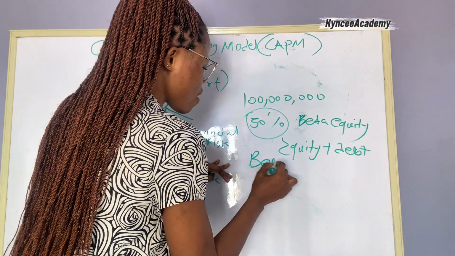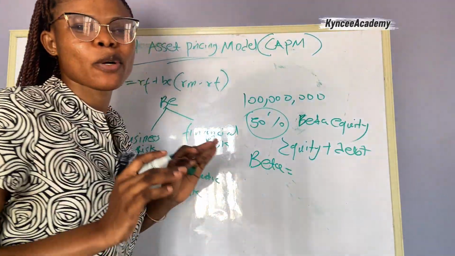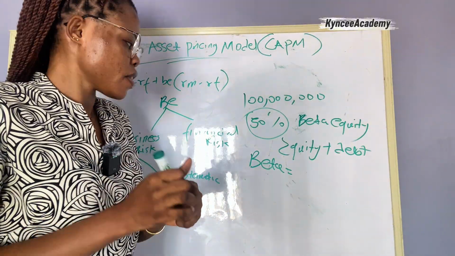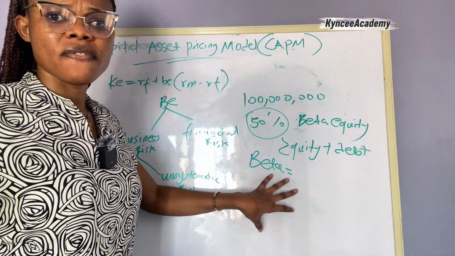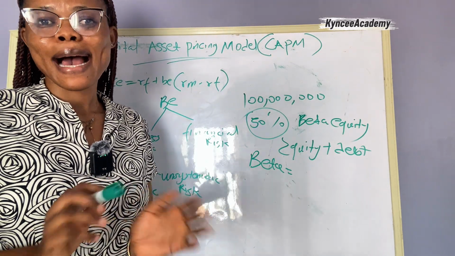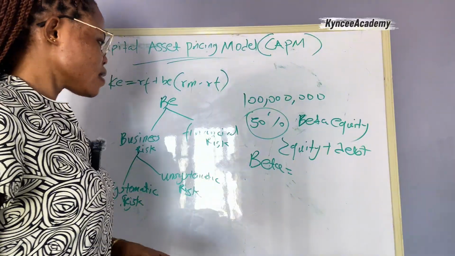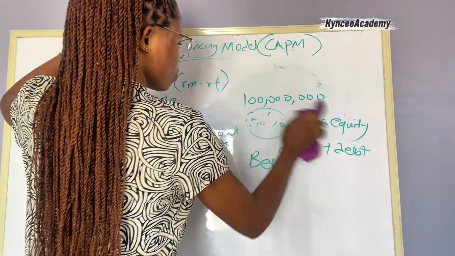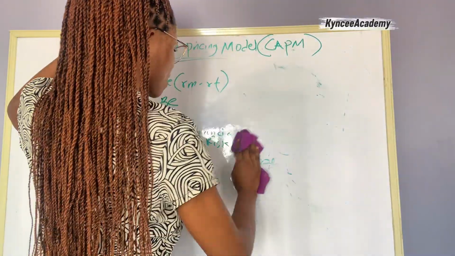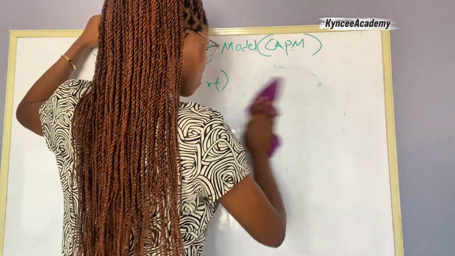Beta of assets means that the company only uses its equity to finance its projects. They do not borrow, which is very good. It means the company is not highly geared. Hope I'm not too fast. Please, if I'm too fast, kindly drop a comment so that I can slow down.